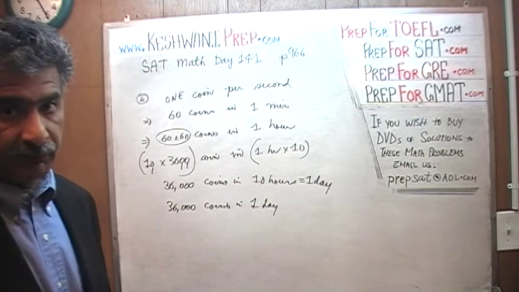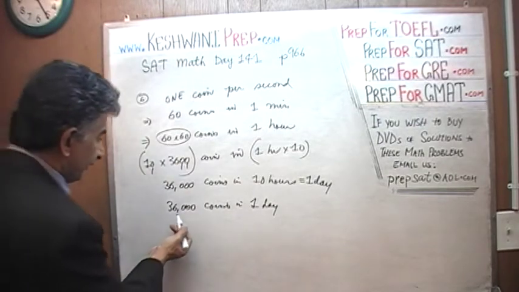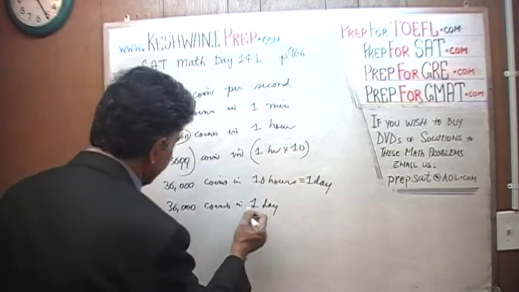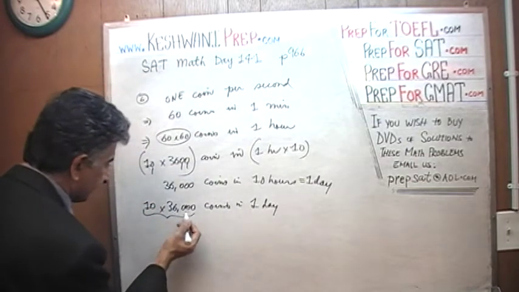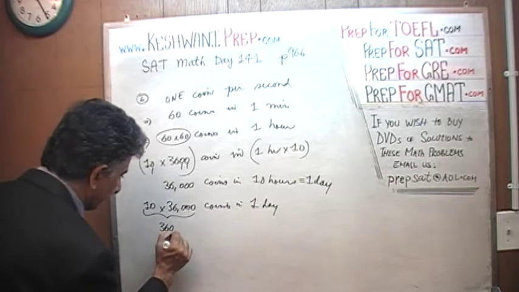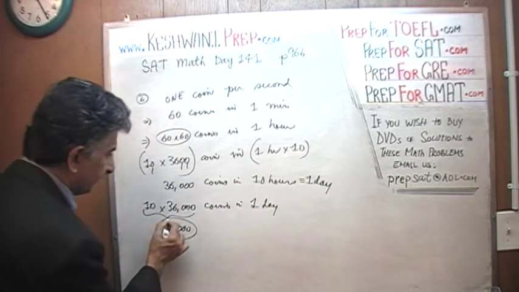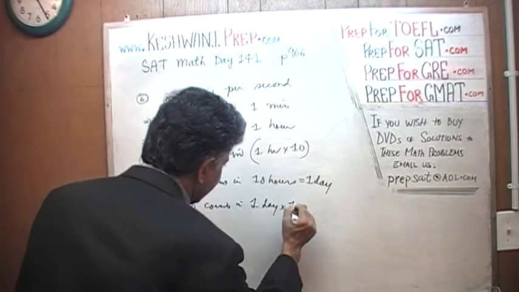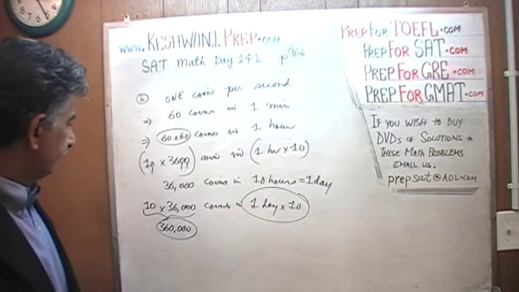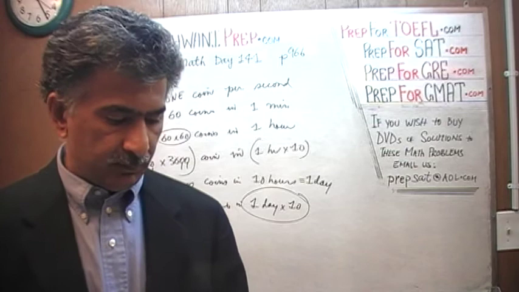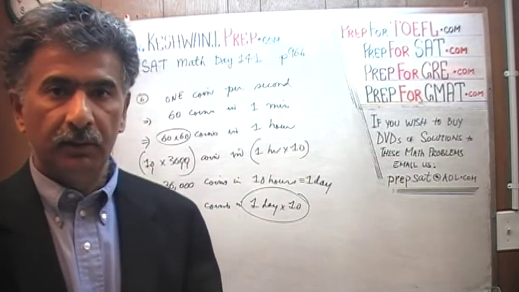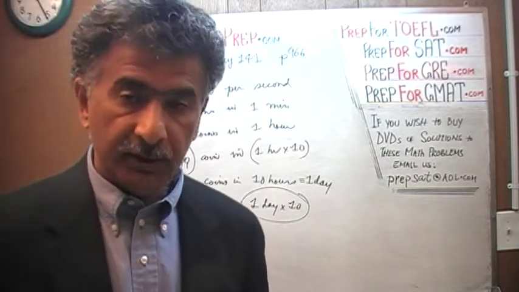So if it makes 36,000 coins in 1 day, we want to make 10 times as many. 36,000 times 10 would be 360,000 coins, and therefore 360,000 coins will be in 10 days. It will take 10 days to make the number of coins that are required, which is 360,000.